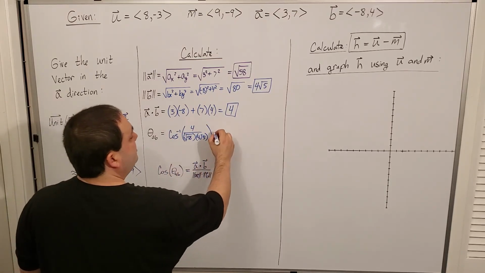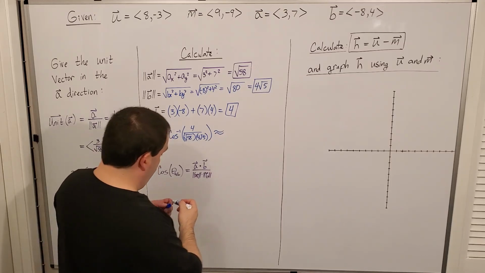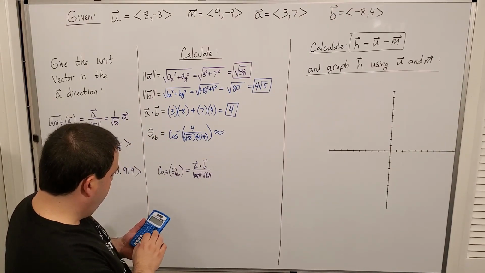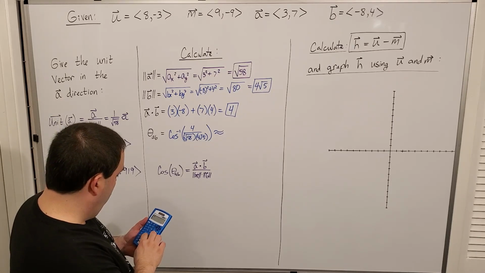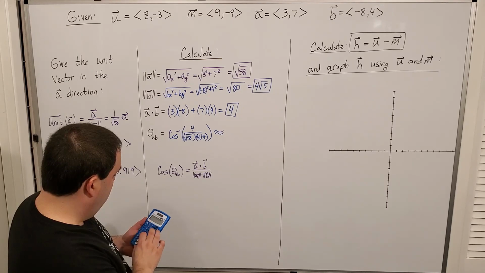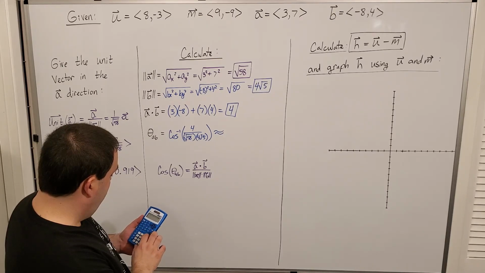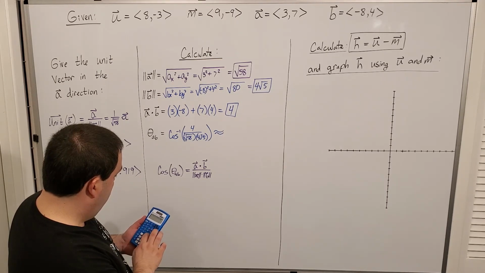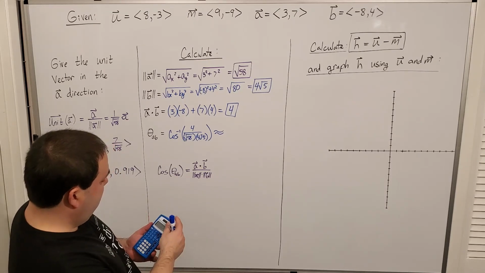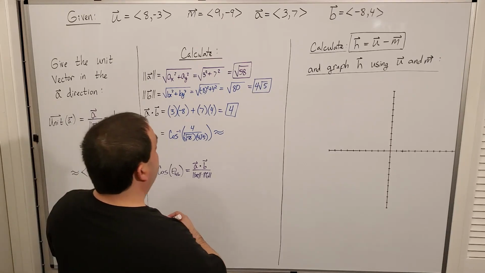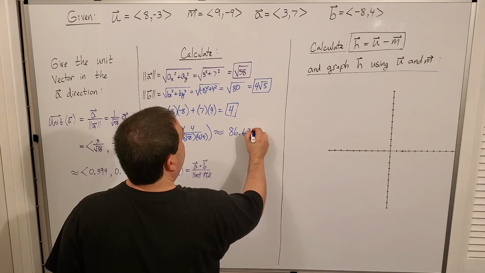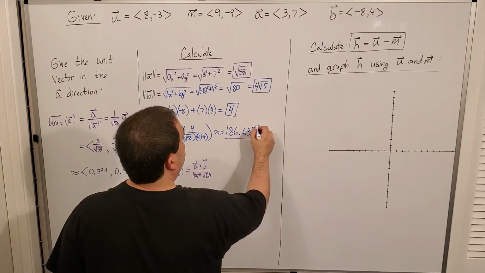I can crunch this in the calculator and get the angle between these two vectors. So I've got inverse cosine of 4 divided by the square root of 58. I'm getting 86.63 degrees.